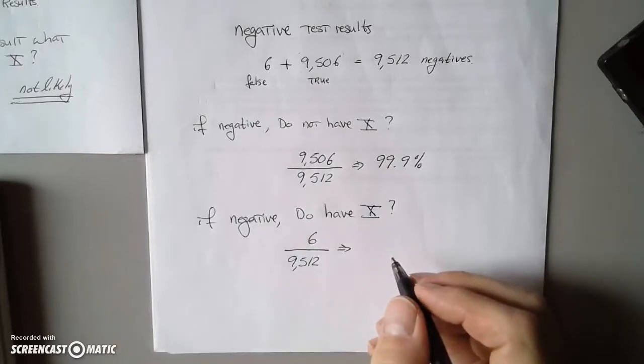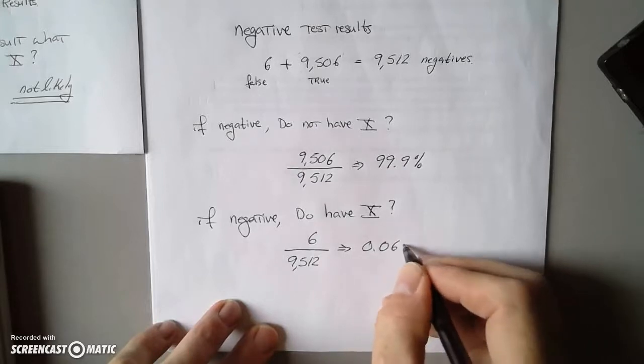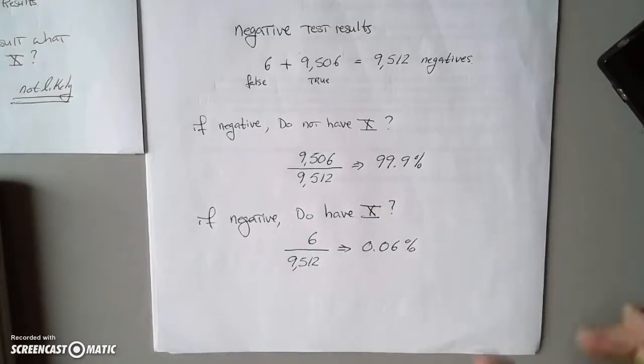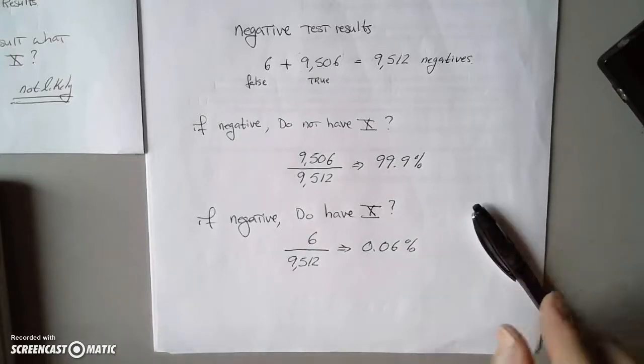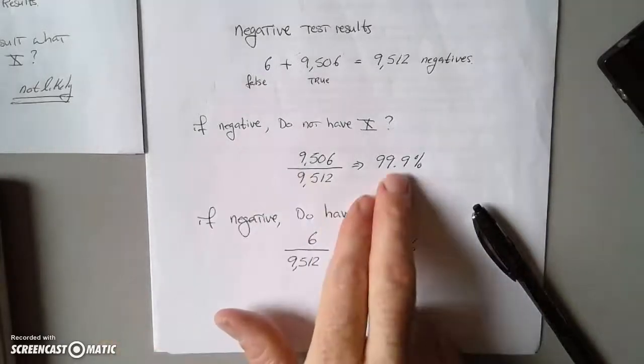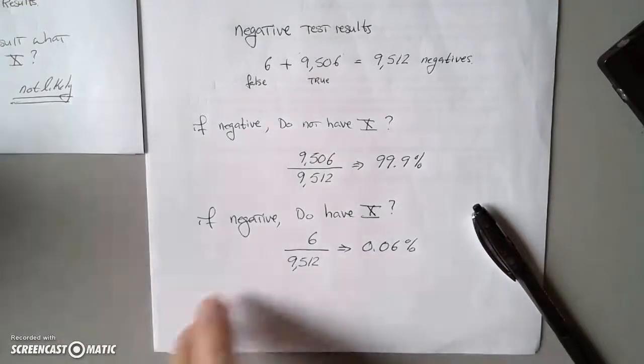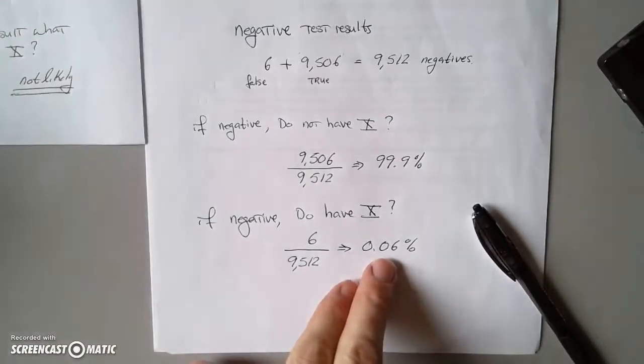So times 100 is 0.06%. So not likely. So it's quite interesting. If you get a positive result, the likelihood of having the disorder is not likely. If you get a negative result, you can be quite confident. Either way, it's very unlikely that you were missed.